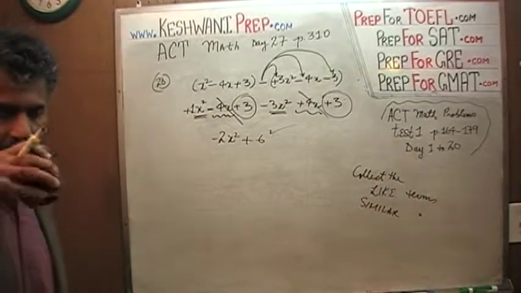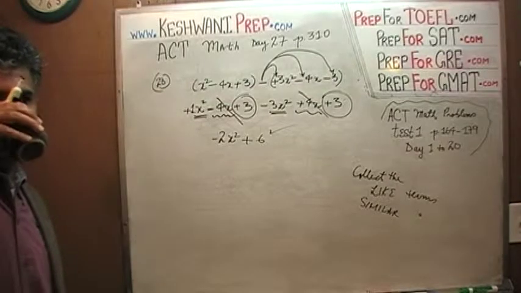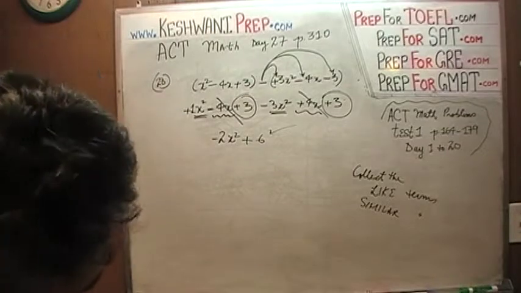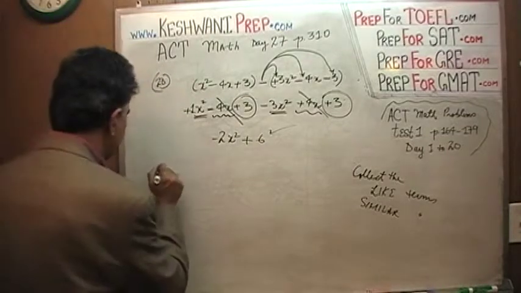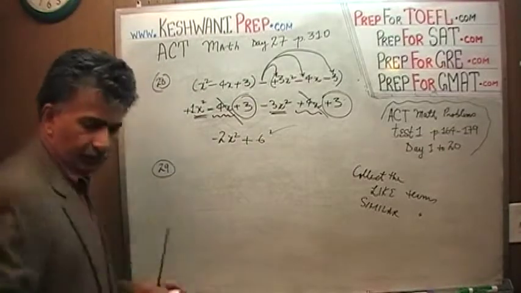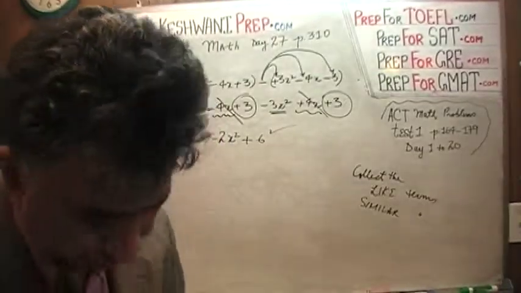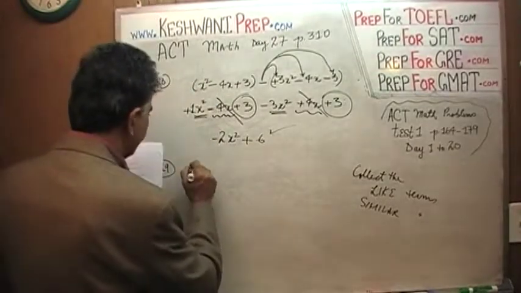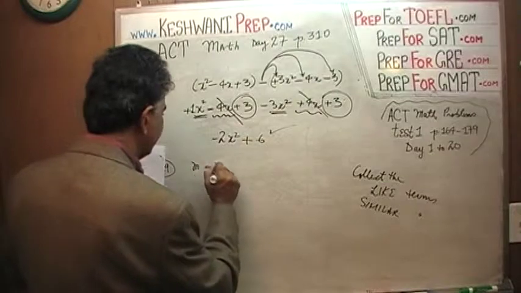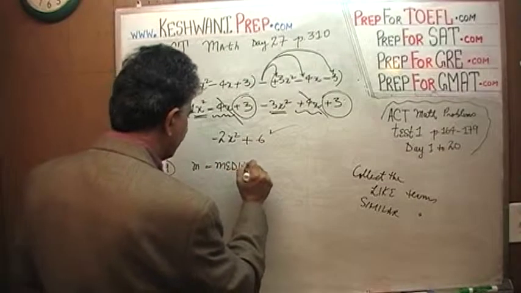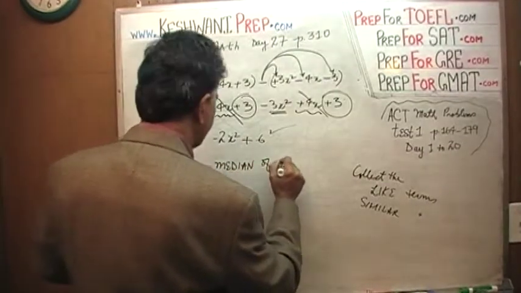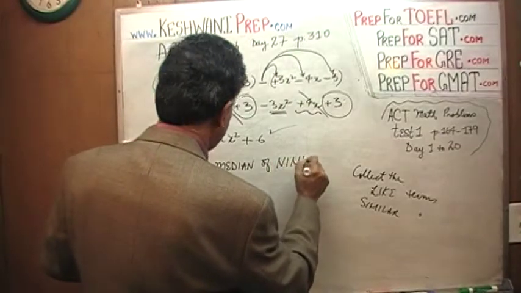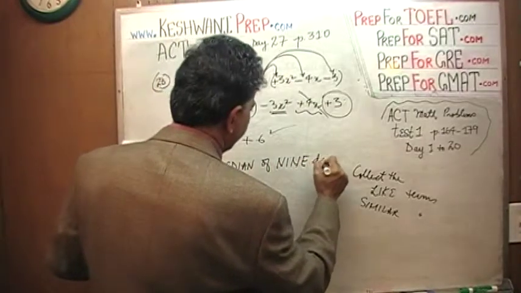Number 29. Next question, number 29. In number 29, we are told that M happens to be the median of 9 data points.